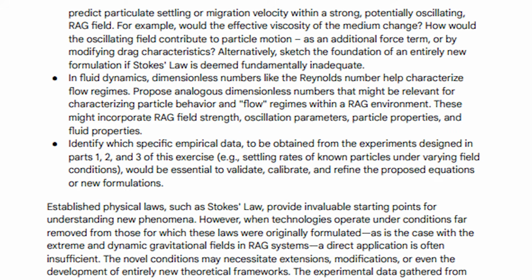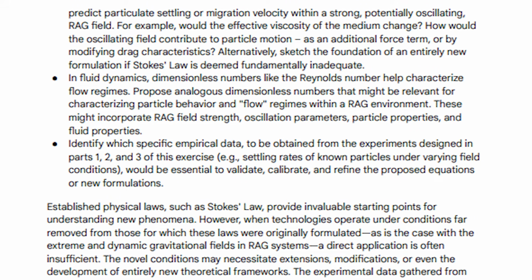In fluid dynamics, dimensionless numbers like the Reynolds number help characterize flow regimes. Propose analogous dimensionless numbers that might be relevant for characterizing particle behavior and flow regimes within a RAG environment. These might incorporate RAG field strength, oscillation parameters, particle properties, and fluid properties.